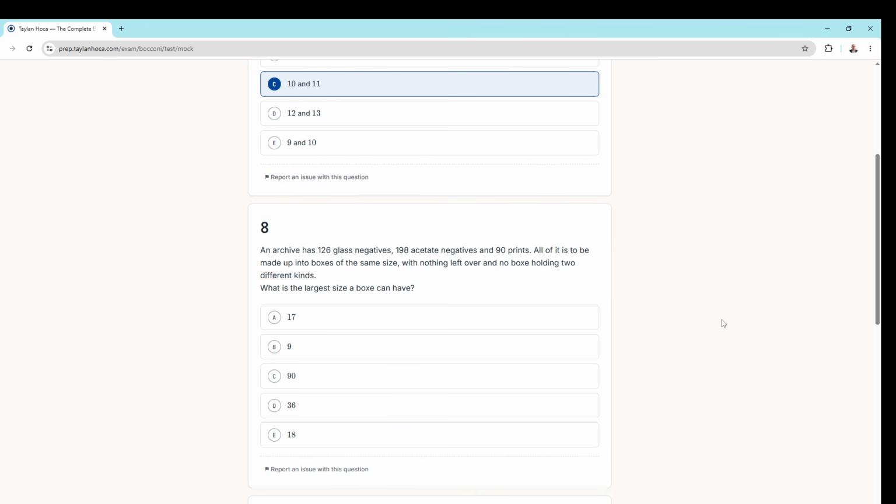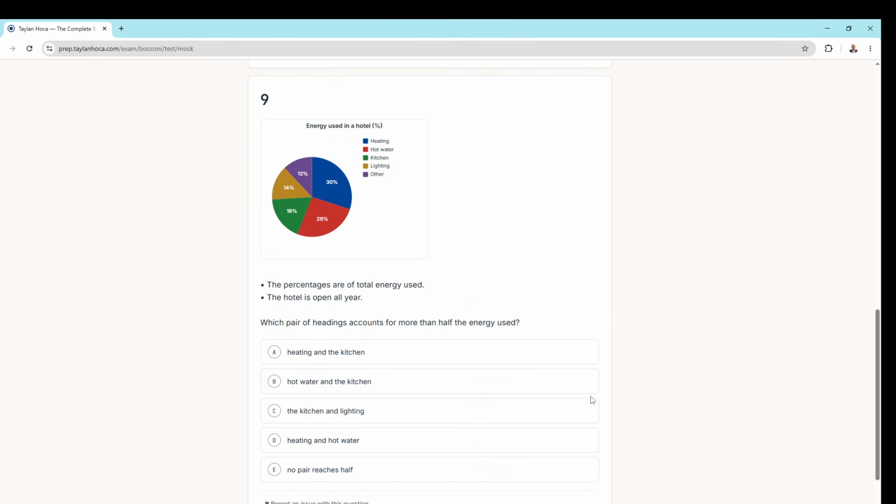So 9 divides all of them, 10 here, 14 here, 22. And 2, 7, 11, 5, yes, let's stop there. 18. 18 is the greatest number that divides all these.